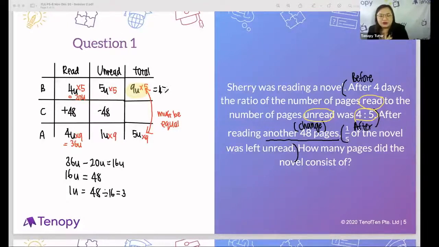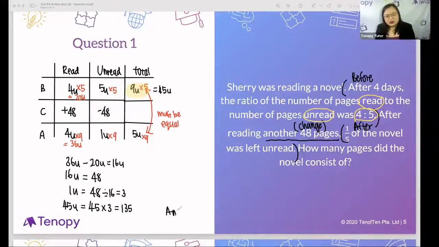So total is 45 units. All we need to do is to find the value for 45 units. We take 45 multiplied by 3 to get 135. So my answer will be 135 pages.